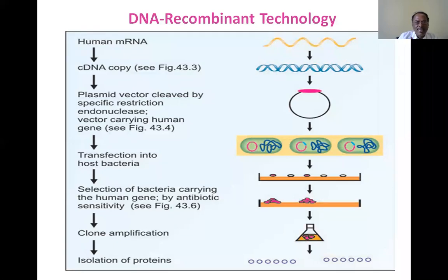Restriction endonucleases are very, very important. The first process in DNA recombinant technology is that the genetic material is subjected to restriction endonuclease attack.